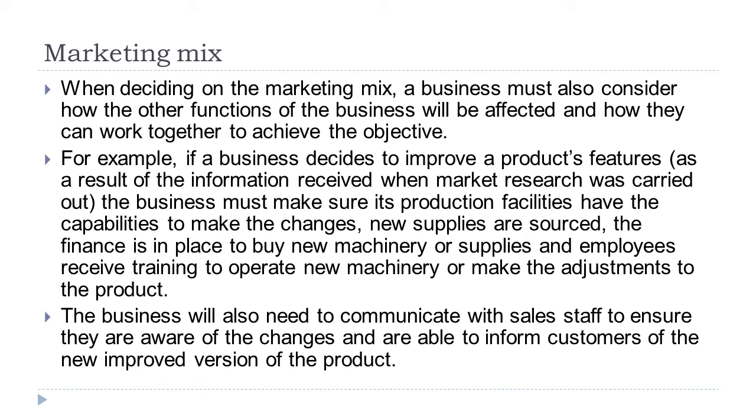So for example, if you wanted to increase sales, you're obviously going to have to produce more, aren't you? So that's going to have a real impact on your production team and what they need to make. In turn, that might impact human resources, to make sure they've got enough staff in.